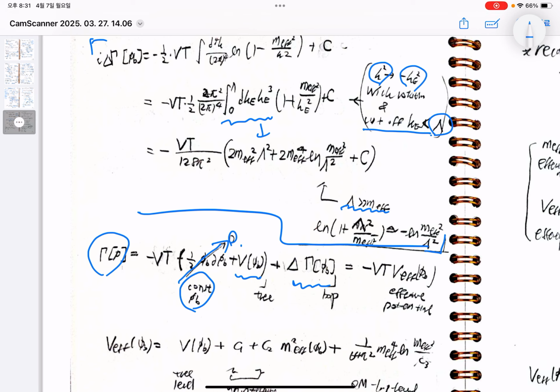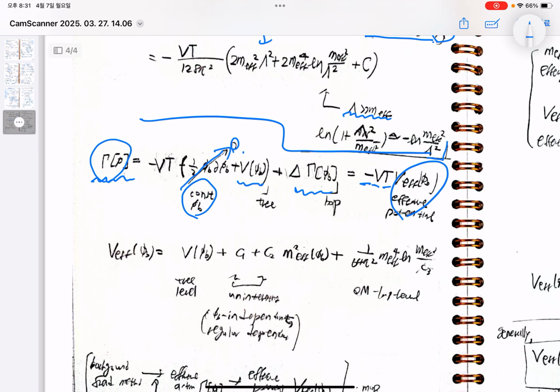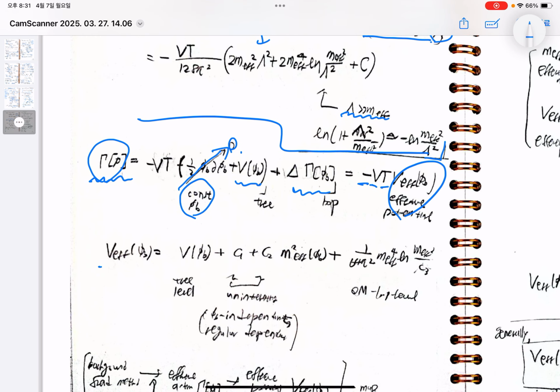If we divide the effective action by the minus spatial volume times time, we obtain the effective potential. The effective potential consists of the tree-level part, some constant, and a constant times the effective mass squared, but this is uninteresting, as it shows φ_b independence.